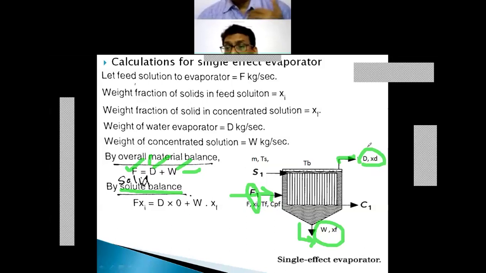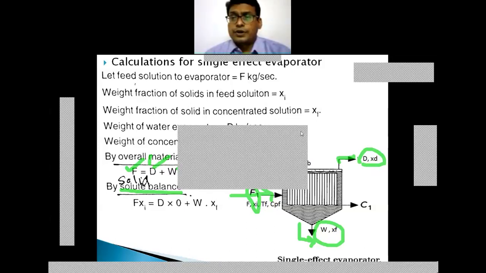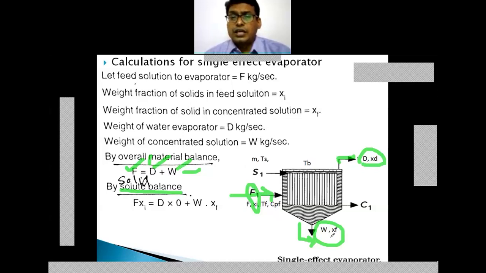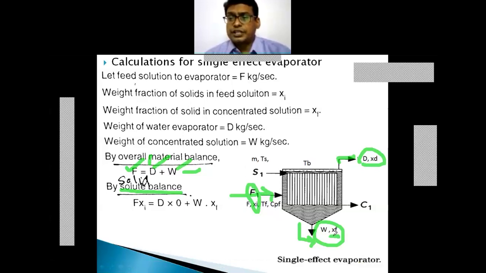No, only the vapors are going out. And from the bottom all the solute will come out and the concentration of this will increase, which is equal to W into XF.